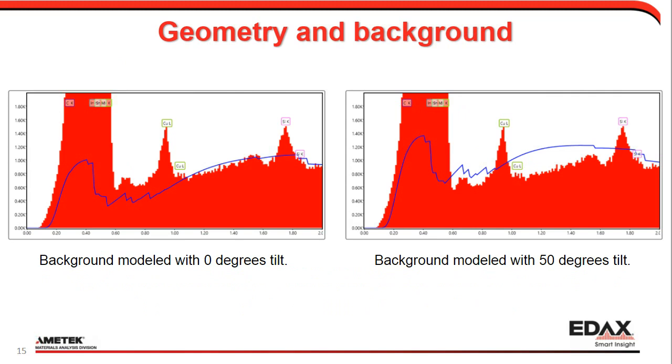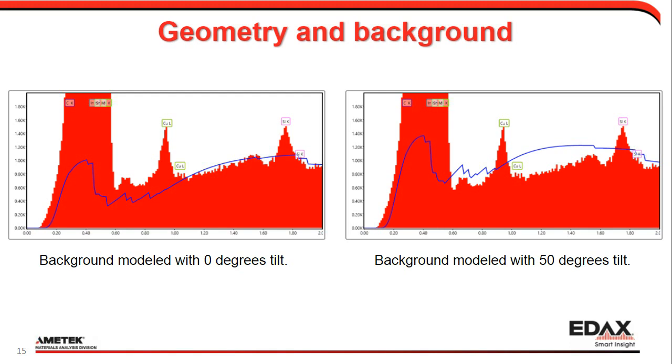This is a sample where I have it at 0 degrees tilt, and we can see if I give the background model an input of 0 degrees tilt, I get the blue line here, which matches quite nicely. If I give the input of 50 degrees tilt, we can see I get an overestimate of the background.